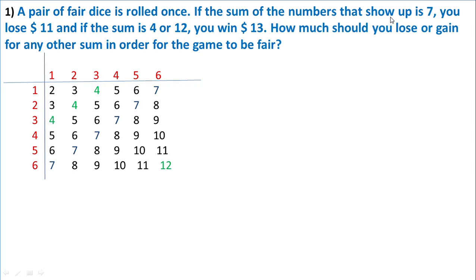They are talking about sum 7, sum 4, or 12. So our concentration should be on the sum. For example, if the first die shows 1 and the second die shows 1, if we add 1 and 1, we get 2. So this is our sample space.